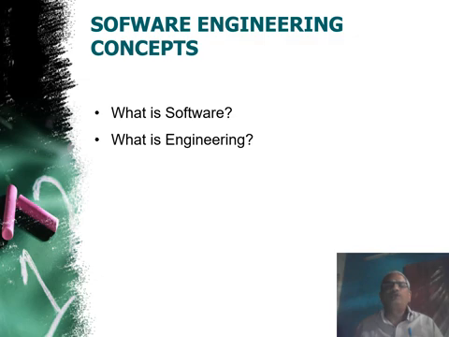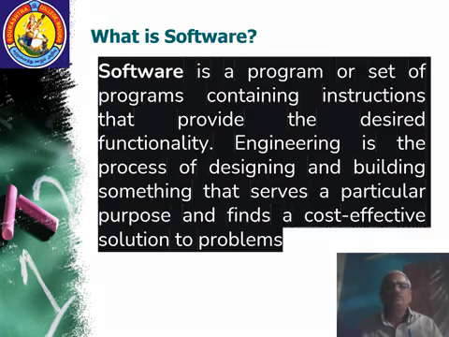Let us see some deeper concerns about software engineering. First of all, we want to know what is software and what is engineering. What is software? Software is a program or set of programs containing instructions that provide the desired functionality.